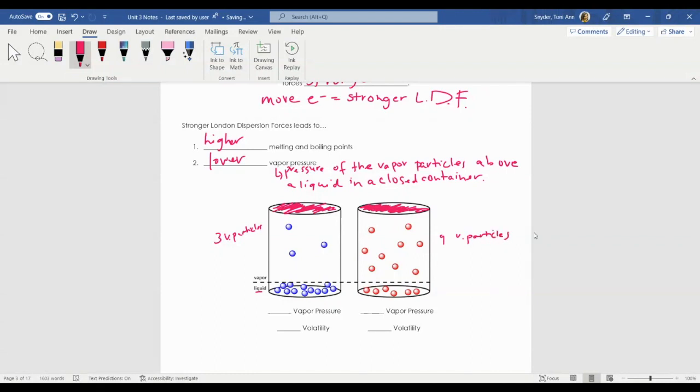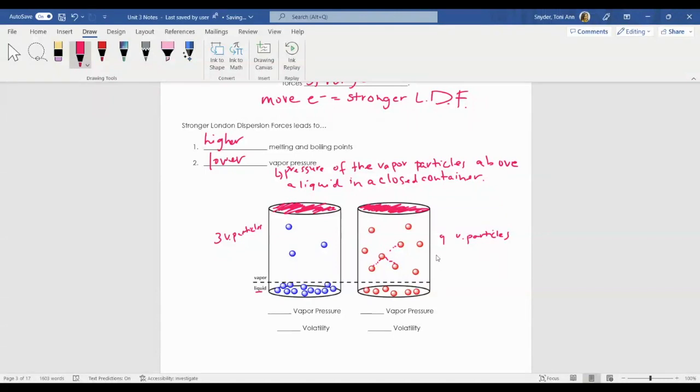So which one of these substances has the lower force of attraction between one another? Well, it has to be this one here on the right. These red particles do not attract one another as strongly because they are much farther apart. They're able to separate from one another. Therefore, they're not attracted to each other.